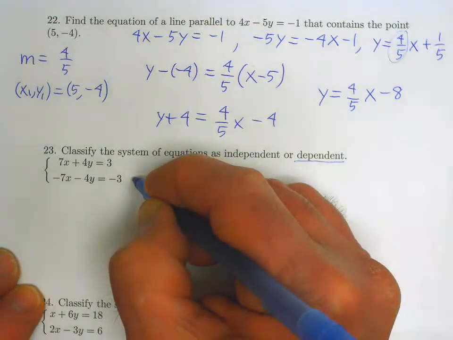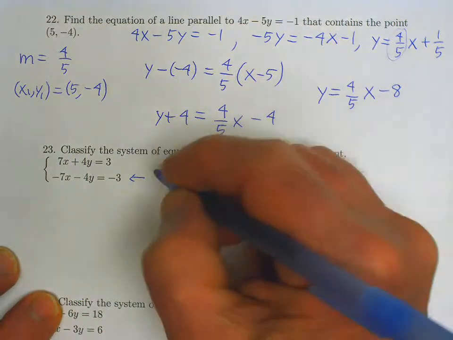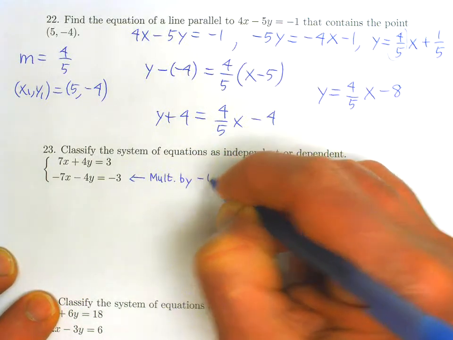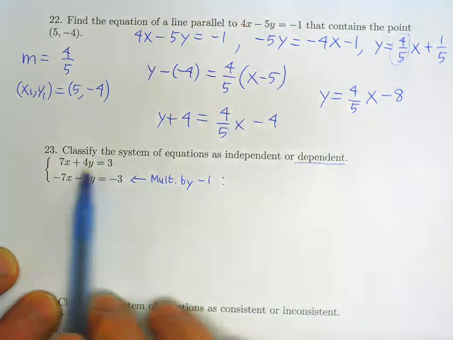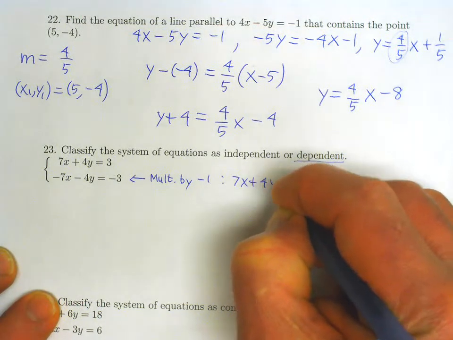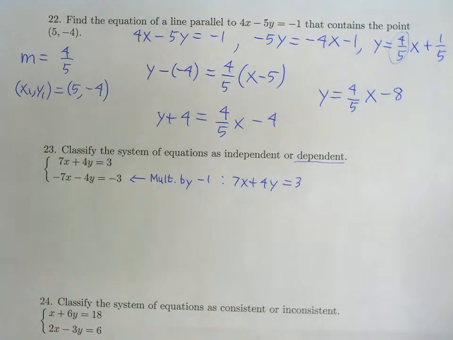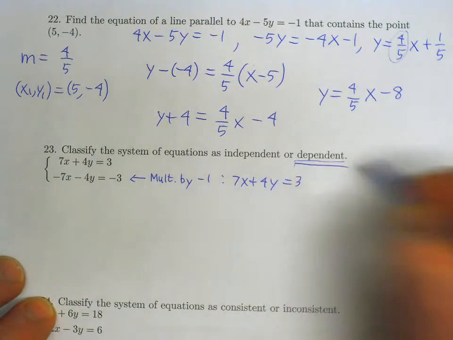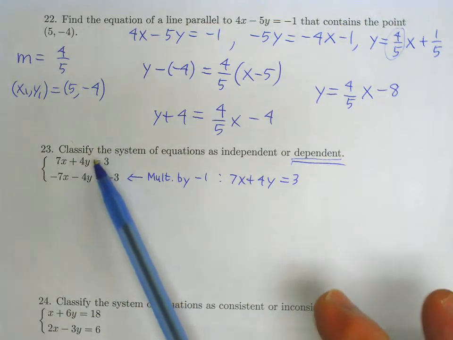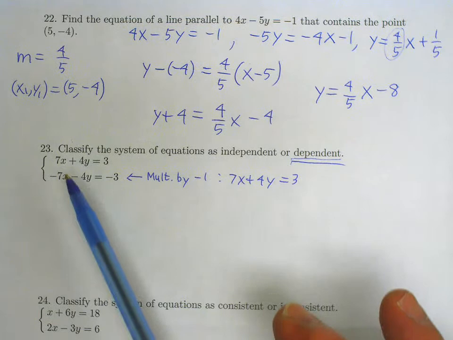If you multiply every term on both sides of the bottom equation by negative 1, then the result is exactly the same equation that is above it, which is 7x plus 4y equals 3. So that's the only time that a system is dependent, if the two lines are the same line. But sometimes, like this, they try to camouflage the fact that the two lines are the same.